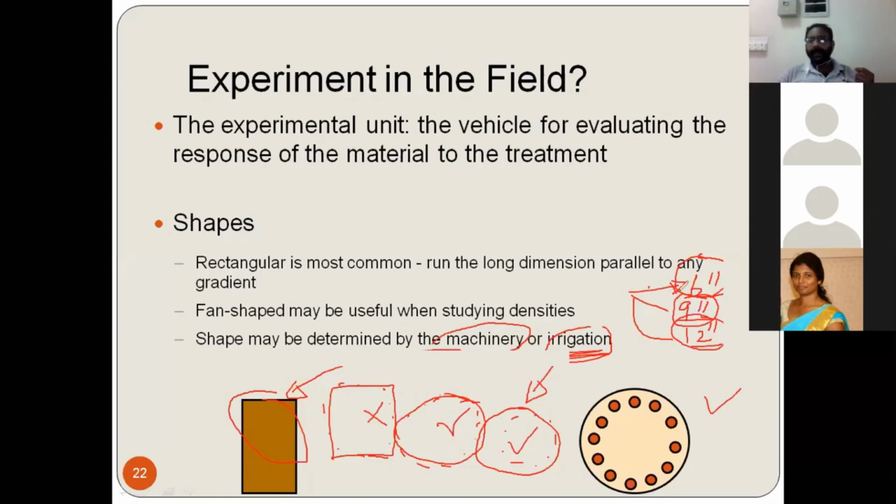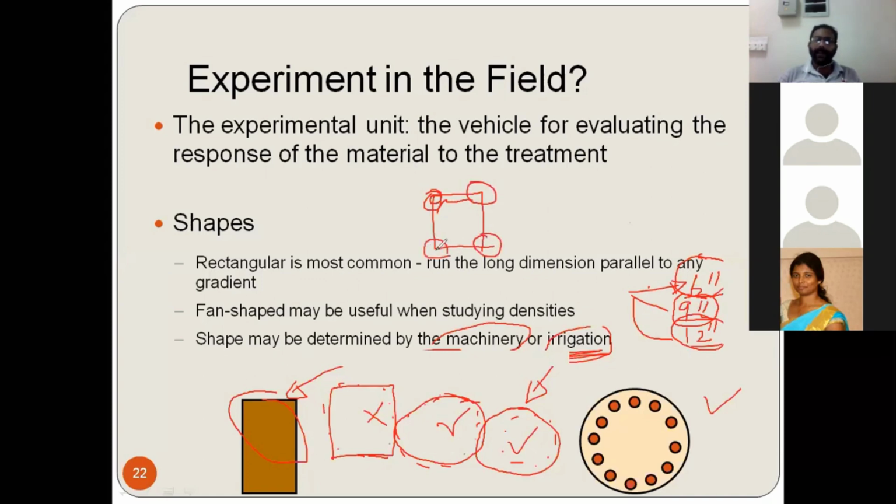In that case, if I have a square plot, what is the problem? The tractor goes, but it cannot reach the corners especially. It has to turn before reaching the corner. So these areas will not be in the experiment.